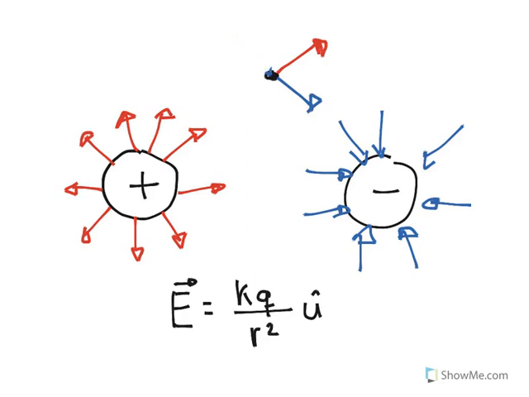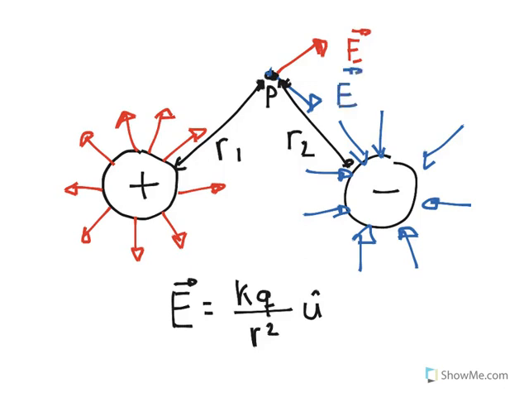We can calculate the electric field at any given point, for instance point P, and it will have a result, right? Here we have R1, and here we have the distance R2, and we can obtain the sum of these two electric fields as a vectorial sum, and the total electric field is going to be given as the sum of the electric fields given by each charge.